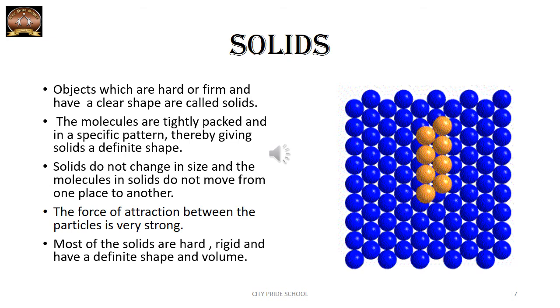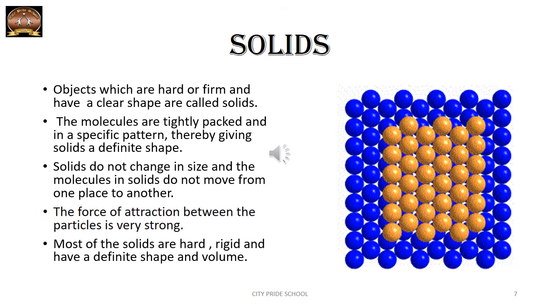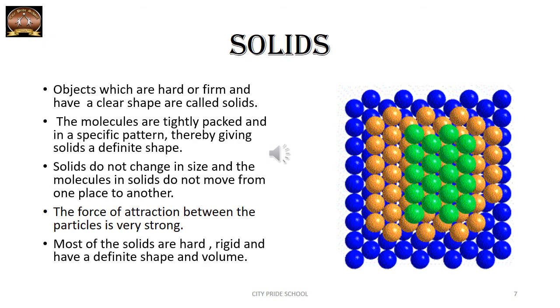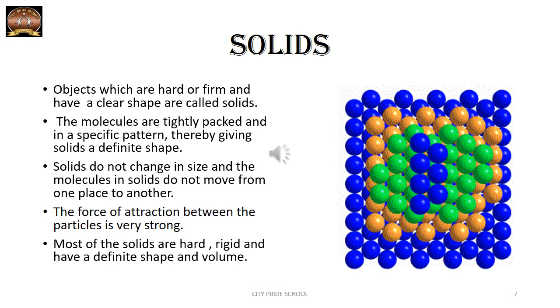If you see this figure, imagine that these blue balls represent the molecules. So you can see the arrangement of molecules. They are very closely packed. The distance between them is very less. And because of that, they will always possess a strong force of attraction between the molecules.